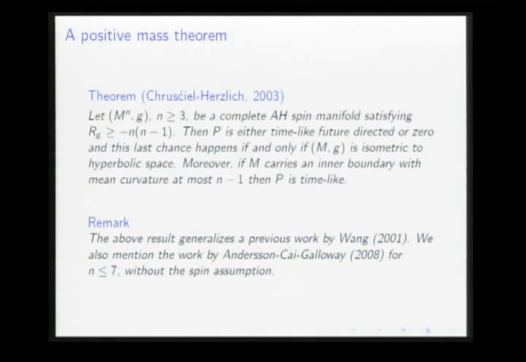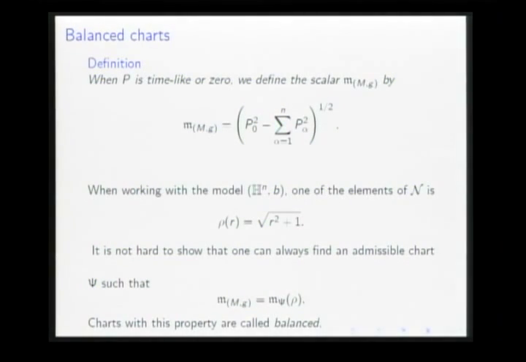We have some other related works by Wang, Anderson, and Galloway. They removed the spin assumption, but the dimension is less than or equal to 7. So let's look at the number given by this expression.